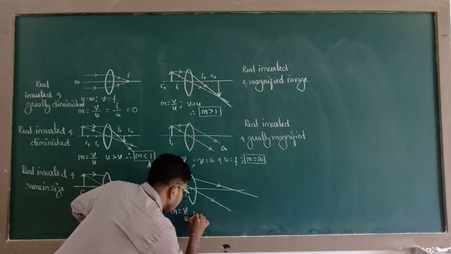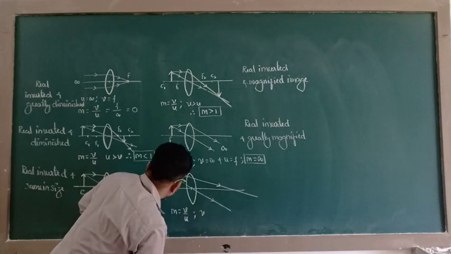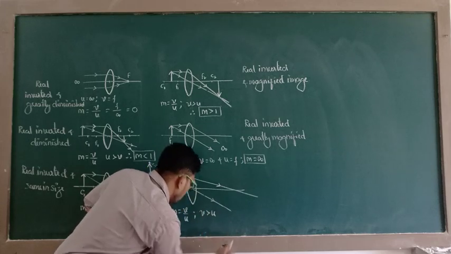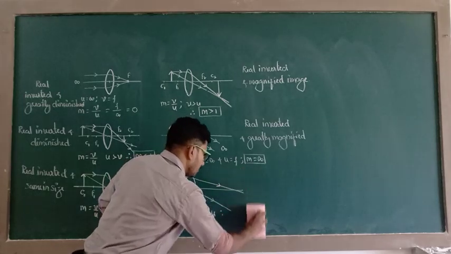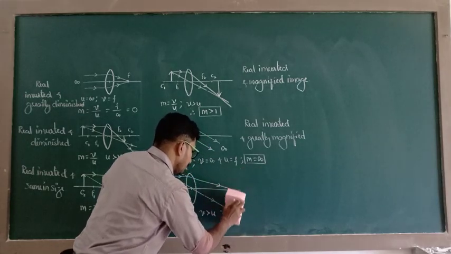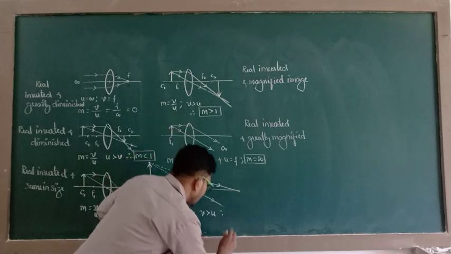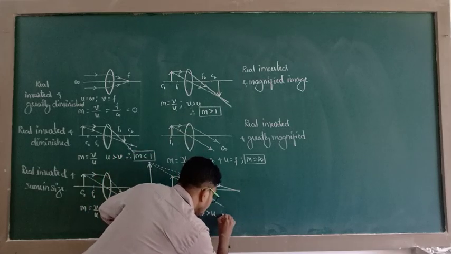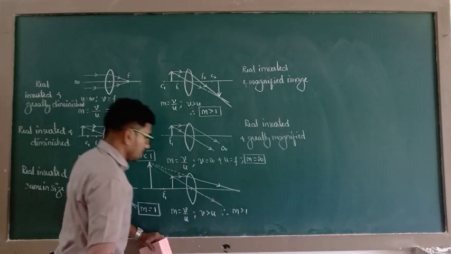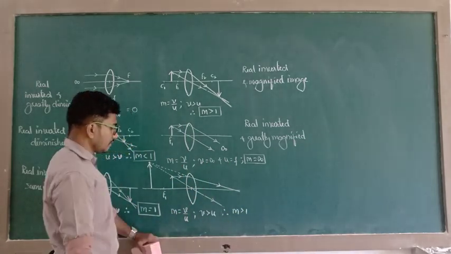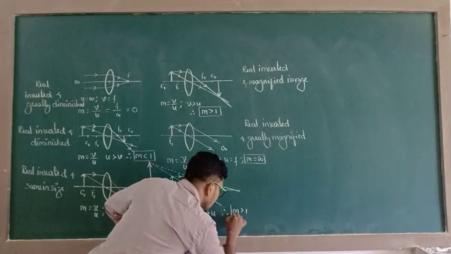So here v is greater than u, therefore linear magnification is greater than 1, because the numerator value is greater than the denominator value.